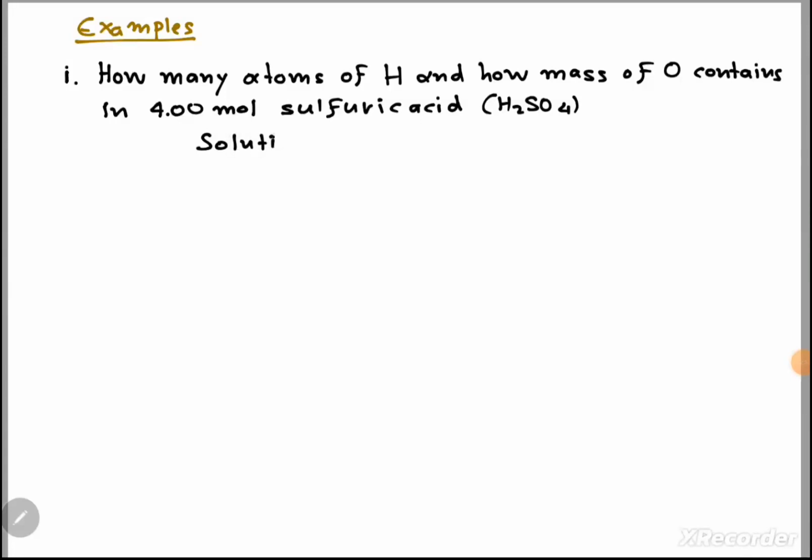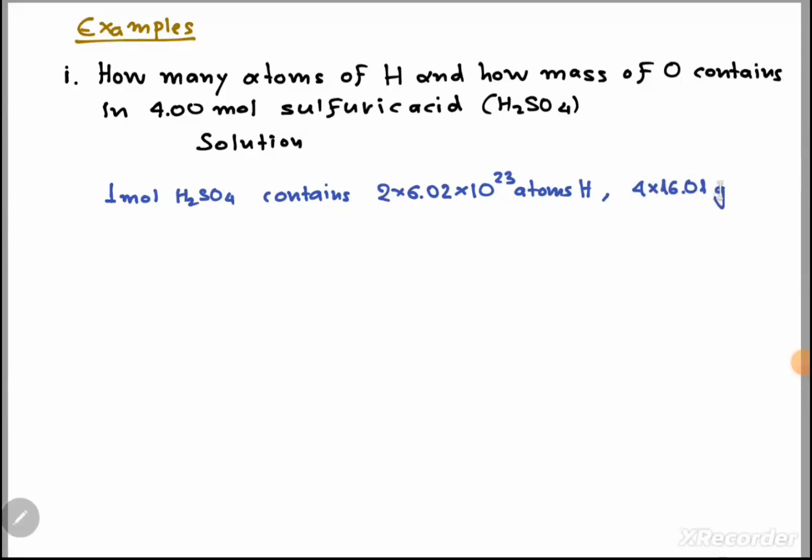Let's see the solution. First, we take the information of the molecular formula. 1 mole of sulfuric acid contains 2 times 6.02 times 10 to the 23 atoms of hydrogen and 4 times 16.01 grams of oxygen.